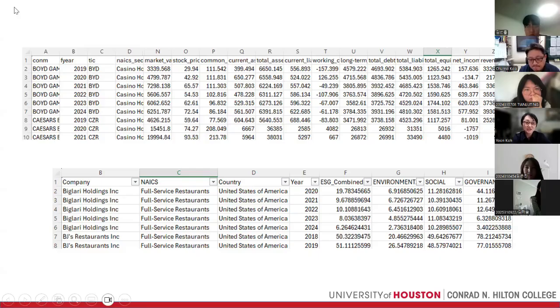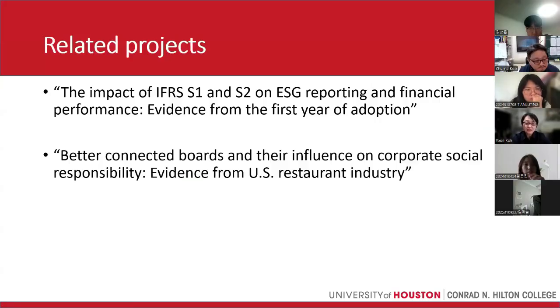And as you see here, for the same company, we get multiple years of data points. So I normally do a panel data analysis. But this is how you collect the data and what kind of data are available. So the related projects I wanted to introduce you as an example.